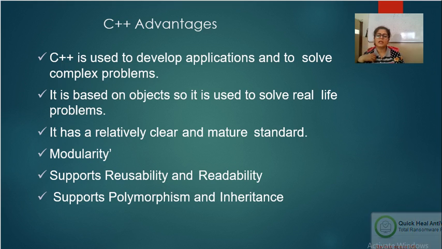So C++ is based on objects, so we use this language to solve real life problems. If we are using a language to solve real life problems, then it is very good for that language. Next, it has a relatively clear and mature standard.